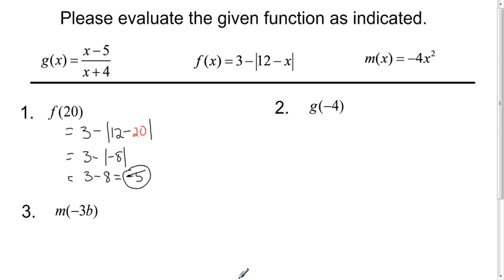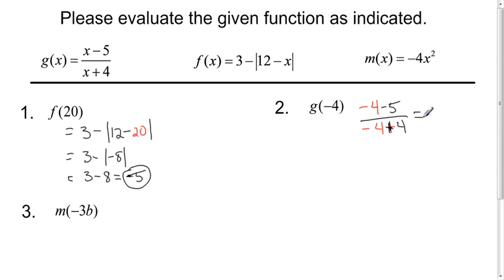Okay, let's continue on to another example. This is going to be g at -4, which quite simply means to take -4 and plug it in for x, in this case in 2 places, in g of x, and simplify. So let's take a look at doing that. I'll plug it into the numerator's x and get -4 minus 5 over -4 plus, excuse me, trying to color coordinate here, plus 4.